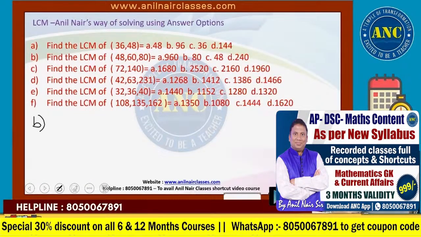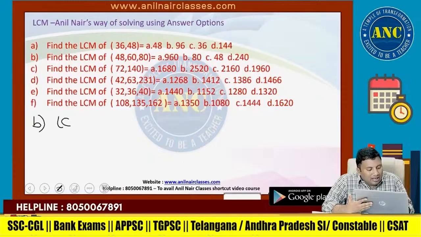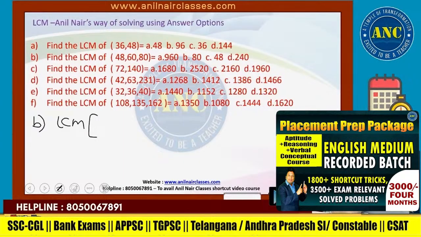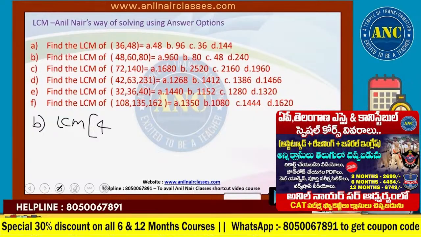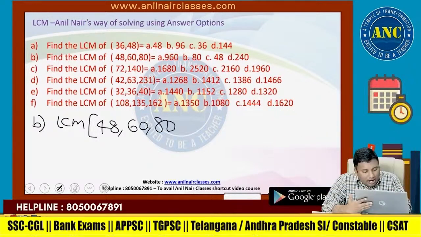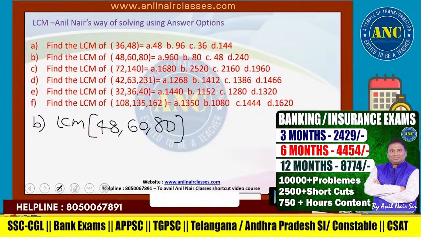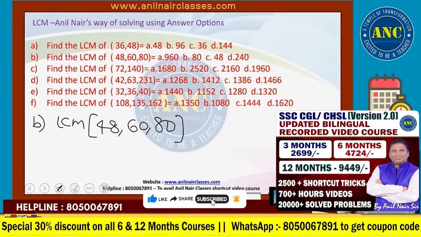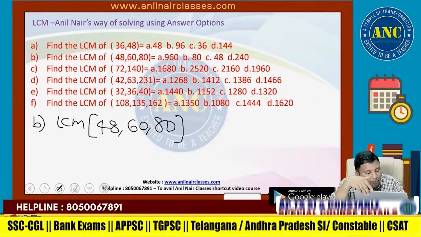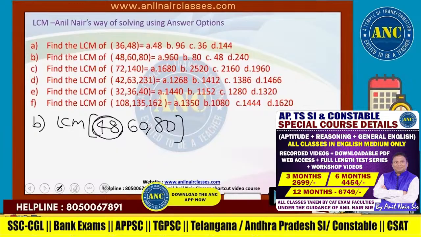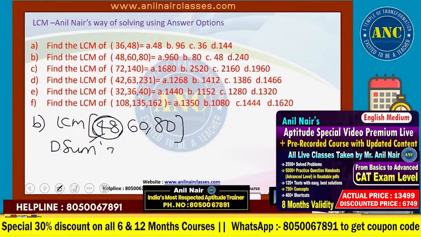Second one. Find the LCM of 48, 60 and 80. Now see here, how am I eliminating answer options? 48's digital sum is 4 plus 8, 12, 1 plus 2, 3.